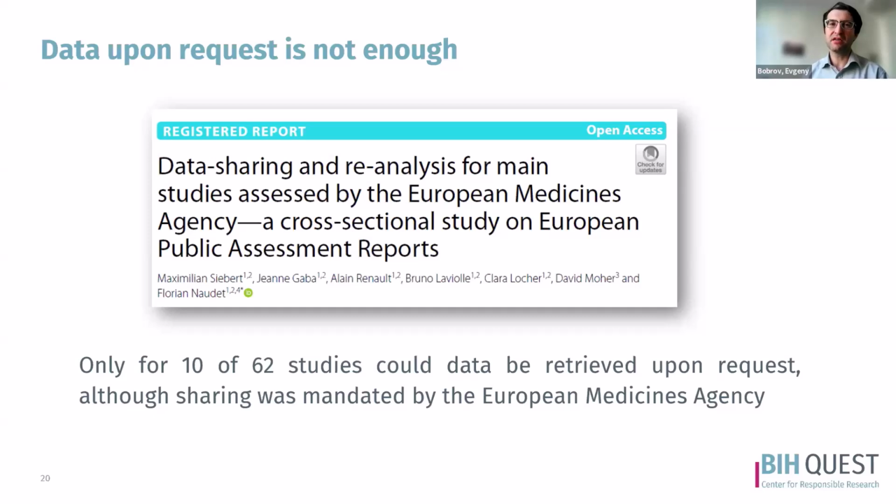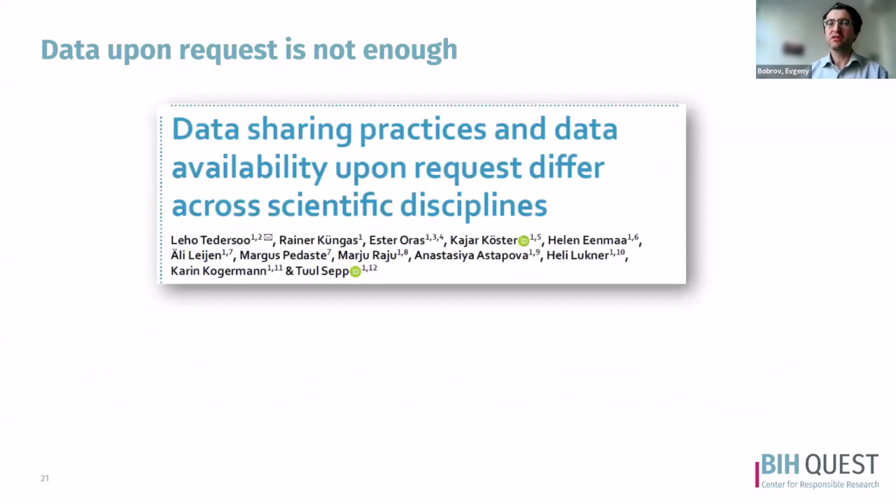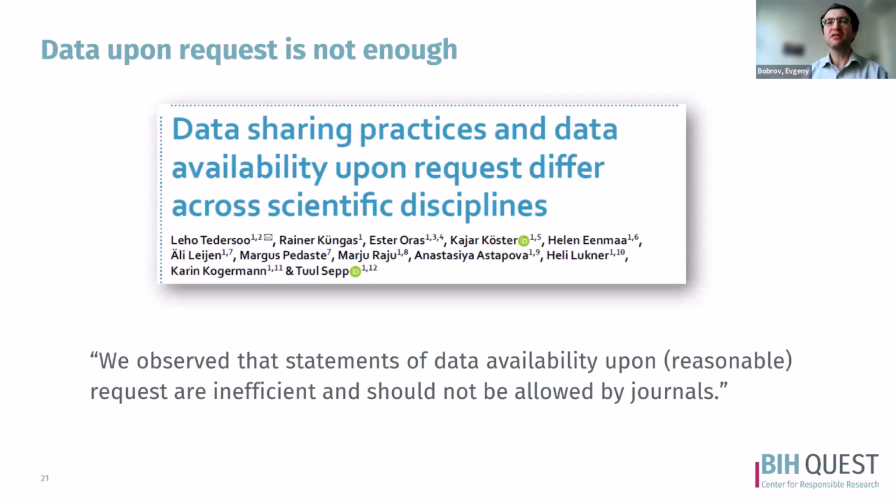It has been studied and shown over and over that in the majority of cases, if authors state the data are available upon request, unfortunately, it's actually not really available. There are many studies where researchers try to access the data and it just doesn't work. So this is another study on that, and they explicitly state, we observed that statements of data availability upon request are inefficient and should not be allowed by journals.